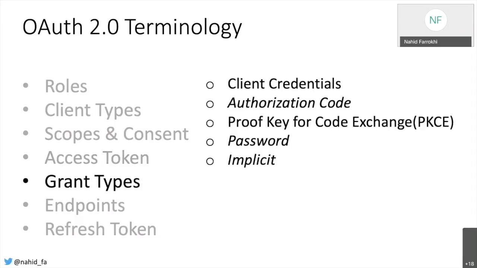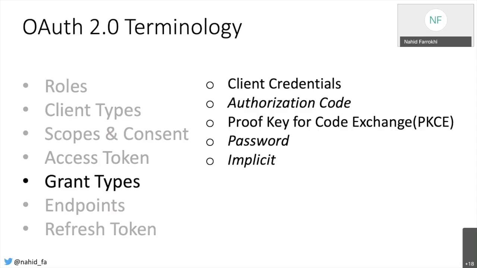The grant types. Grant types for OAuth are the different use cases. The use cases implemented in OAuth are provided as grant types. Some of them are covered in the BCPs, or best current practices. Some are suggested to not be used.